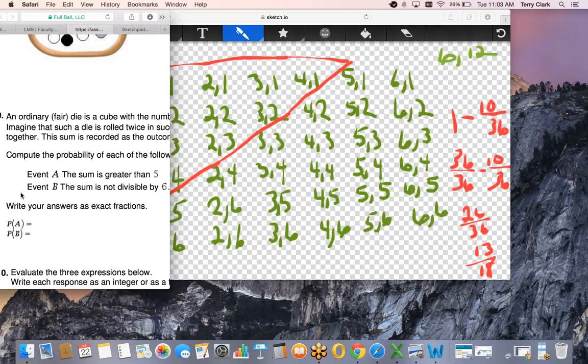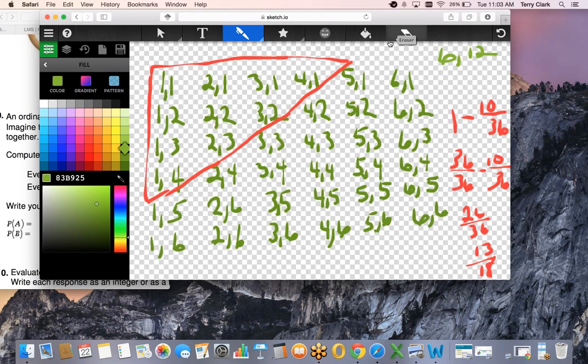Okay, if it's not divisible by 6, then we're still going to look for the ones that are 6 and 12, and then we're going to subtract those out. Thank you for correcting me. So we're going to find the ones that are divisible by 6, which are going to be 6 divided by 6 and 12 divided by 6.